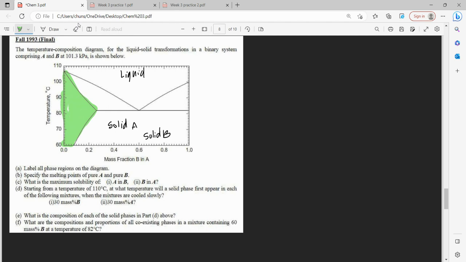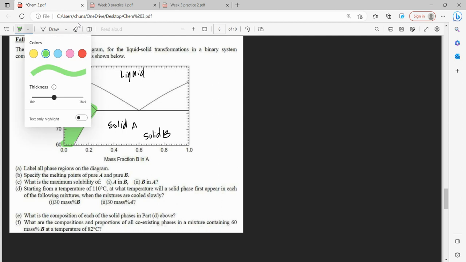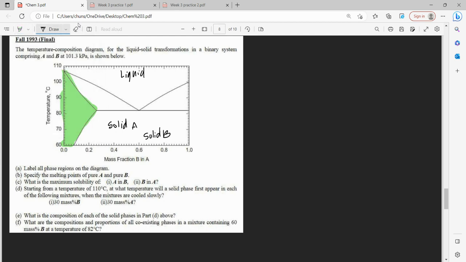So this is mass fraction of B in A. So this means at this point here, we have pure solid A. So then this is pure A and pure B because we're looking at our mass fraction of B in A. So then this is pure B because a 1.0 mole fraction means that it's only just that one component present, which is our B.